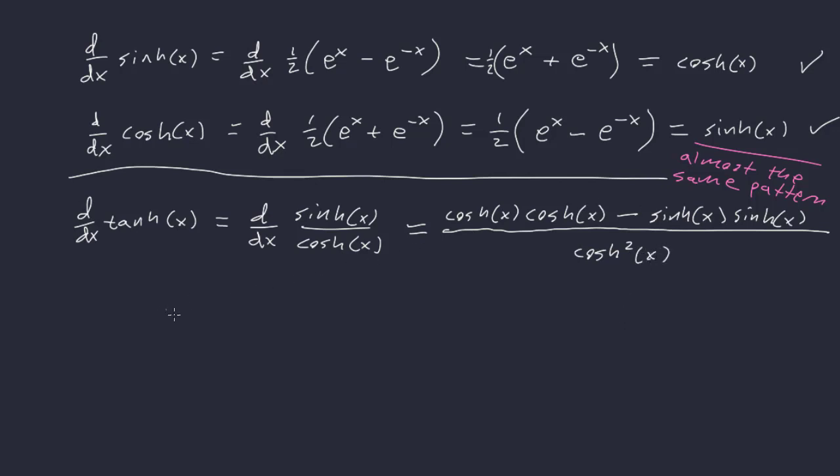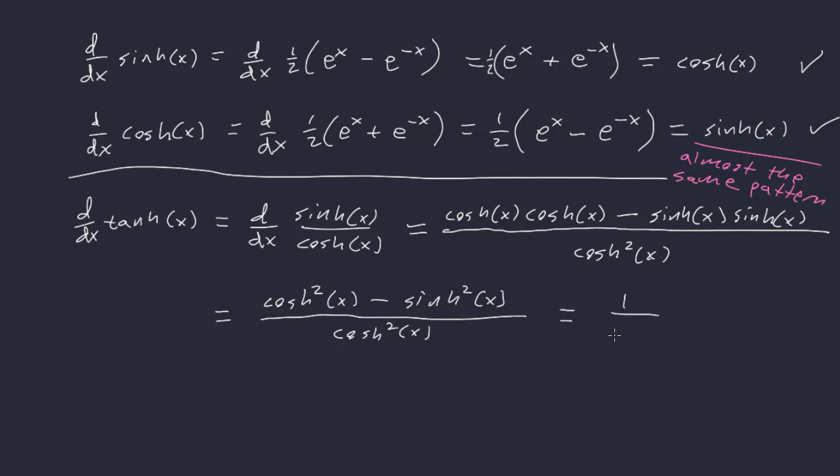Okay, so this actually comes out to be cosh squared x minus sinh squared x all over cosh squared x. And this, as we saw before, that comes out to be 1.